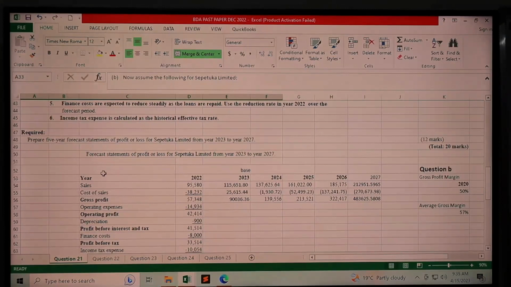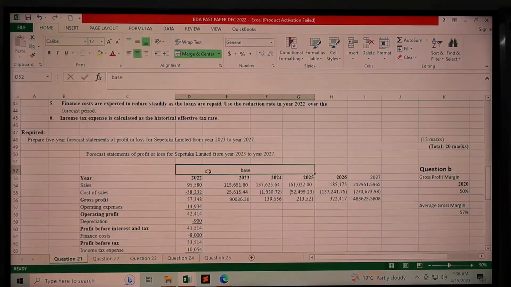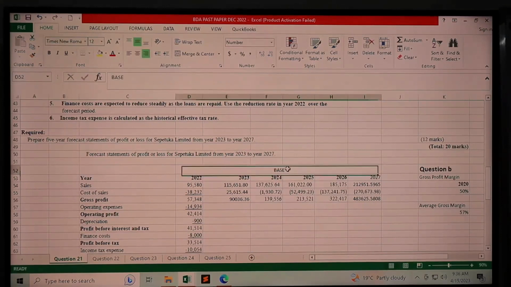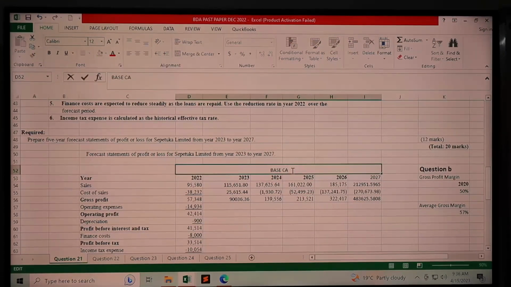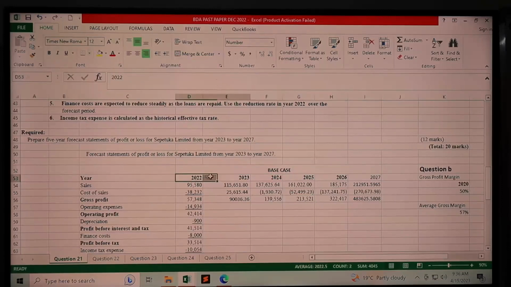And the best way is actually to copy that data, the entire data, and check for the base. So it's important you can write here base, so that this is the base case scenario. So it is important to set that. Then for the years from 2022 now, we are actually focusing 5 years time. Yeah, it will go up to 2027.